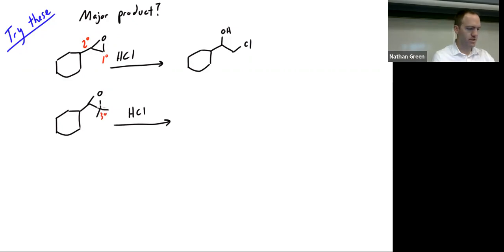Because it's only bonds to carbon. So this carbon has 1, 2, 3 carbons attached to it. That's why it's a tertiary carbon. That one's tertiary, that one's secondary, and Connor correctly identified this is going to follow SN1 chemistry, which means when we draw this out, we're going to have the chlorine over here and the OH over there.